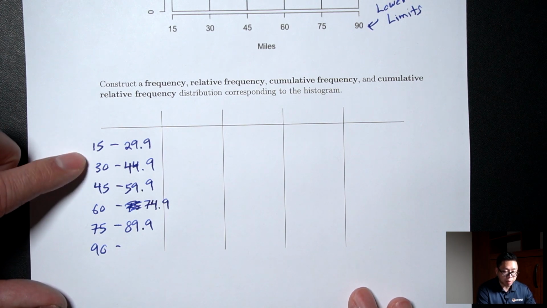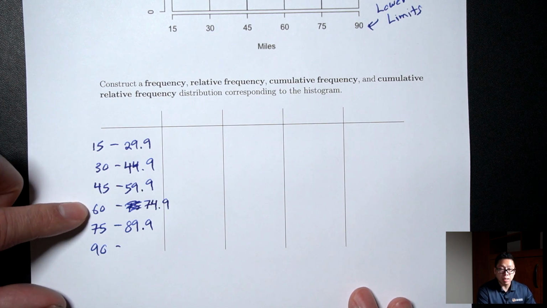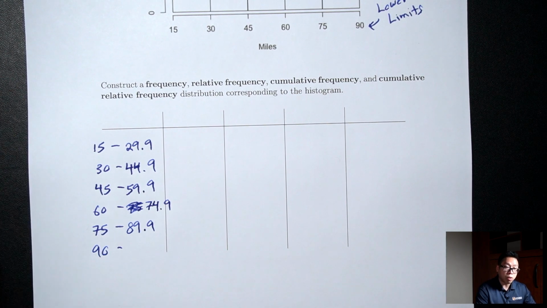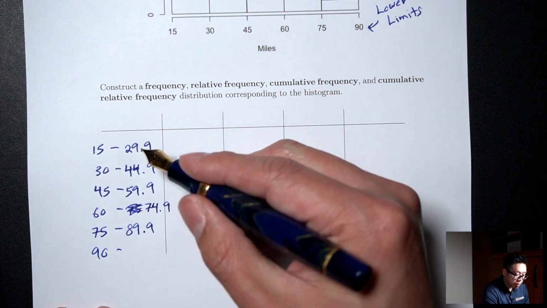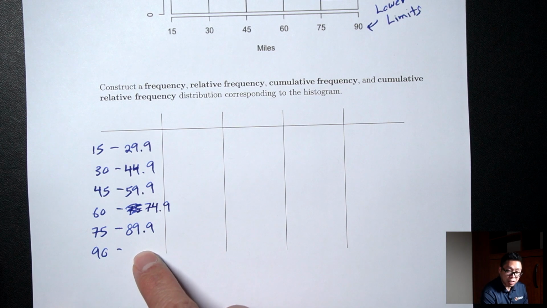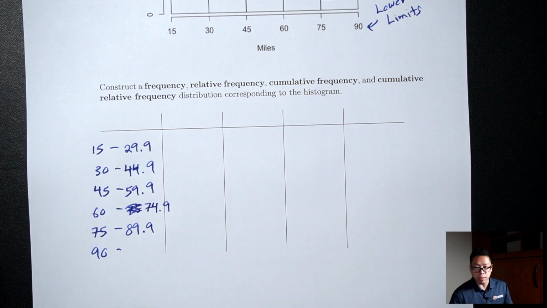So subtract 45 minus 30, that's also 15. 45 to 60, that's also 15. 60 to 75, that's also 15. So my lowers are all going up by 15. That means the class width is 15. That means my uppers should also go up by 15. So to find this last one, we're going to go up by 15. So 89.9 plus 15, 104.9.